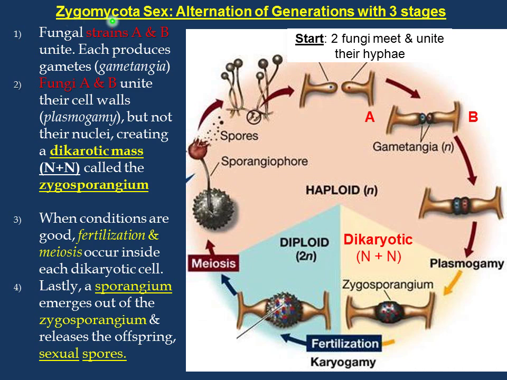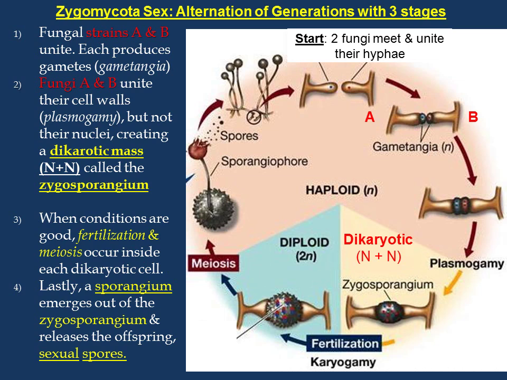Now let's look at the Zygomycota sex and the alternation of generations with 3 stages. Let's examine our right-hand diagram first before we get into real terms. I want you to notice the haploid stage is in pink, the dikaryotic stage is in yellow, and the diploid stage is in blue.